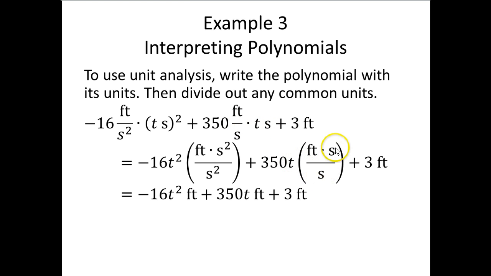The seconds cancel out, and I'm left only with feet. The last term, the constant term, only had feet as its unit since that was the initial height above the ground. So I'm adding feet plus feet plus feet, so my result will be feet. In conclusion, this polynomial gives me a height in feet.